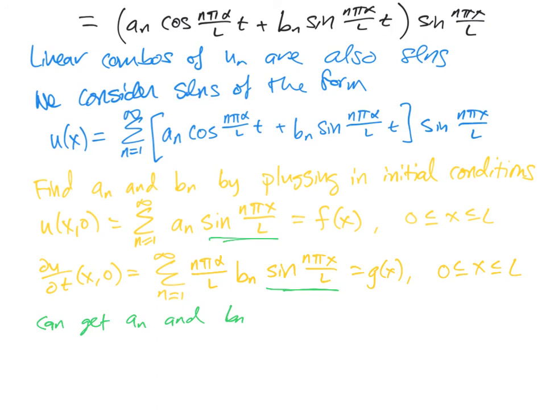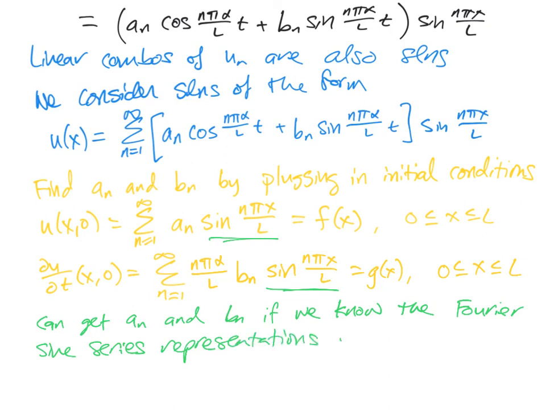So we can get the an and bn if we know the Fourier sine series representations of f of x and g of x. So if you have a problem like in the homework where f and g are already written as sines, then this is really easy. You just read it off right from the function.